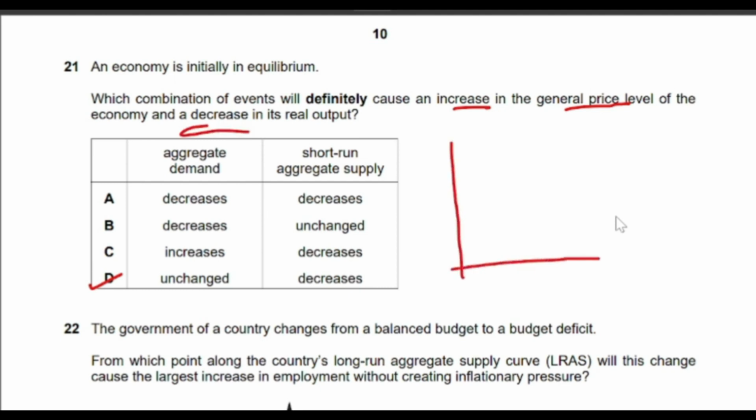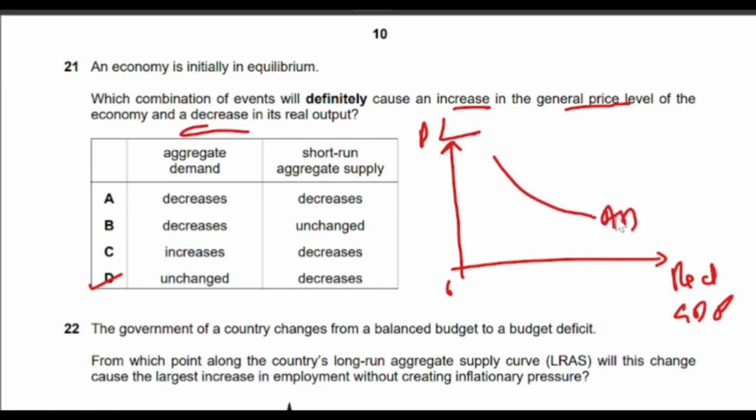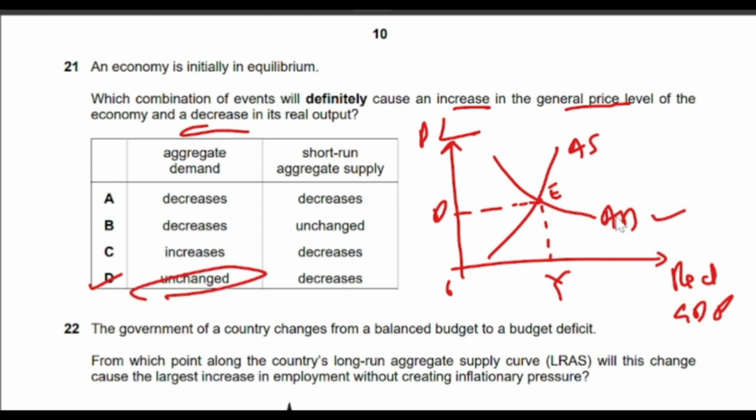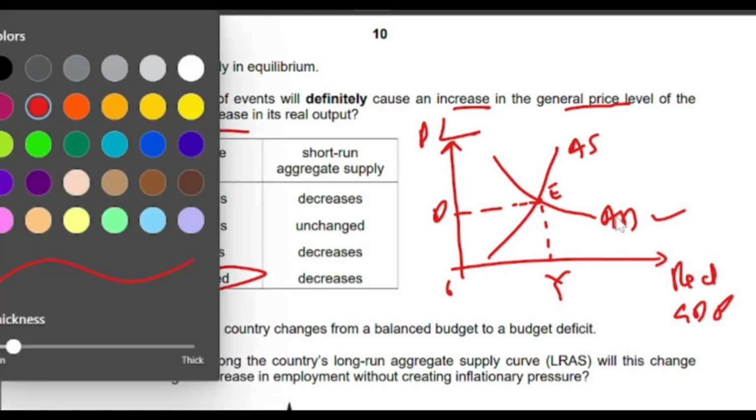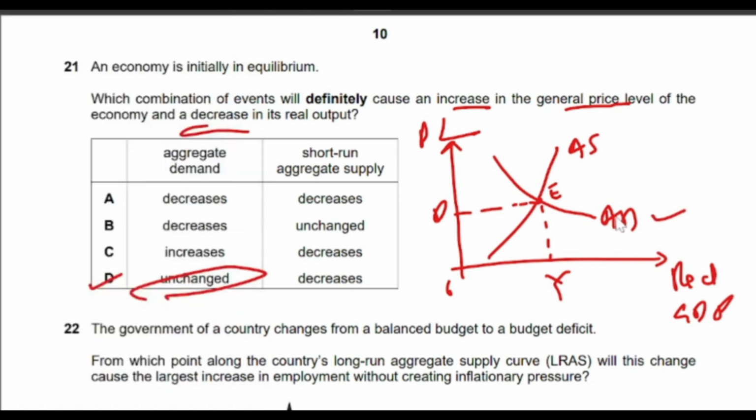So we can make a graph to verify this as well. So this is real GDP or real output on X, origin point, on Y we have price level. So this is aggregate demand and this is aggregate supply. Initially aggregate demand and supply meet each other at point E where price level is P and real output is Y. Now if aggregate demand is unchanged, it remains the same, and there is decrease in aggregate supply, then aggregate supply will move to the left and it will shift somewhere at AS1.